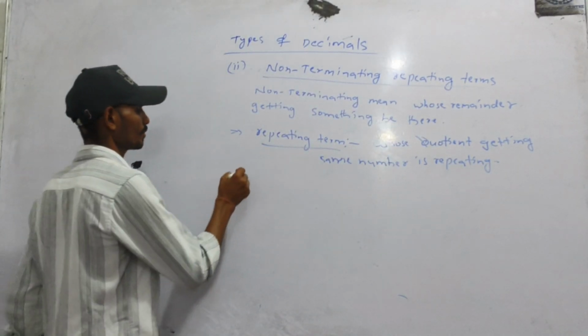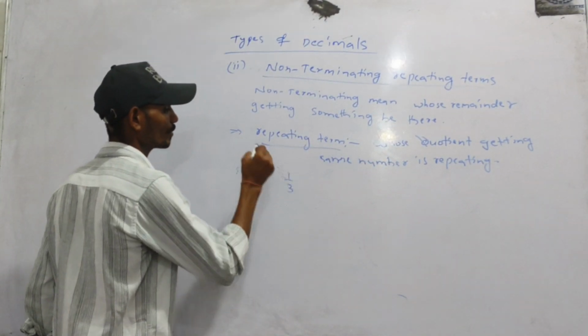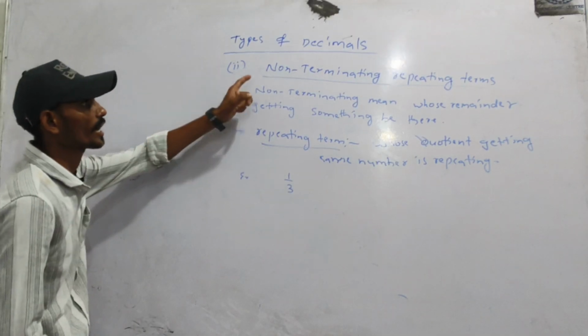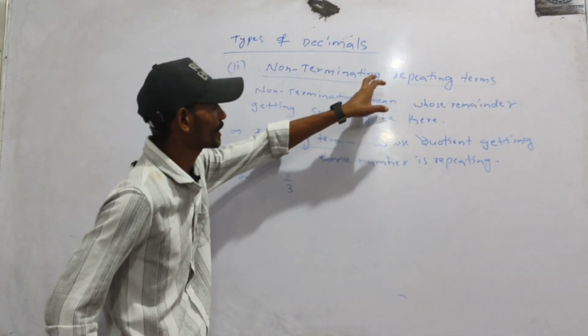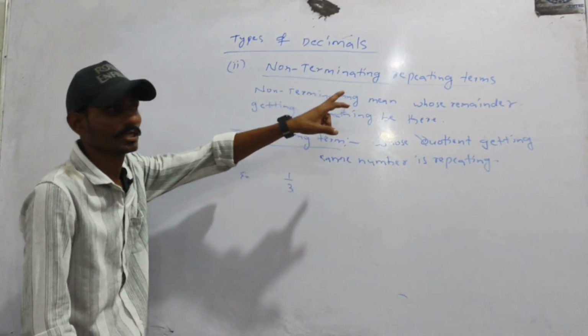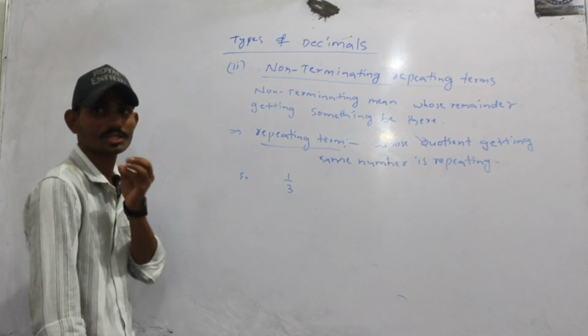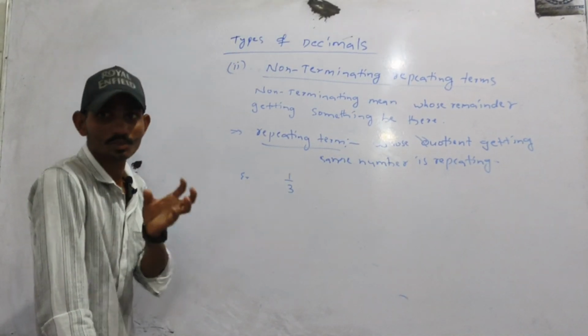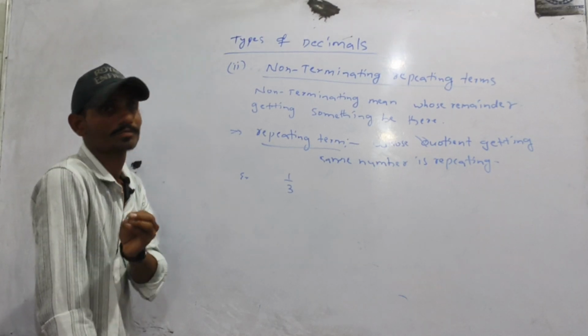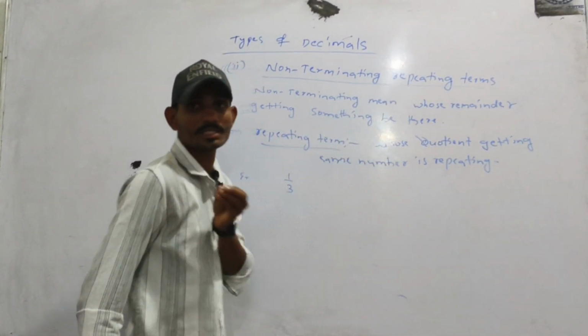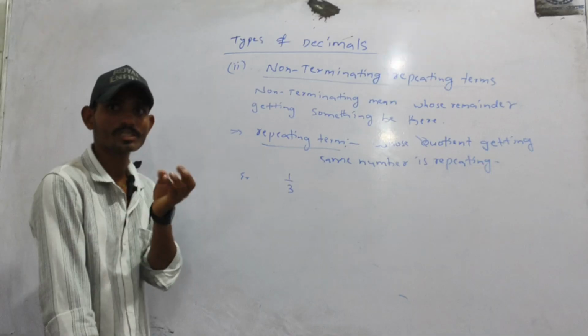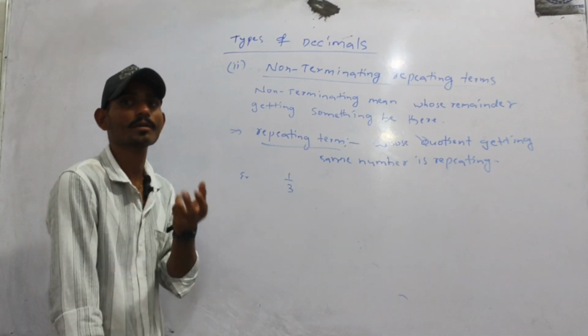Let's observe one example, 1 by 3. This is an example of non-terminating repeating terms. Non-terminating means the remainder keeps going with no zero, terminating means the remainder becomes zero after a few steps, and repeating means the same number repeats many times.